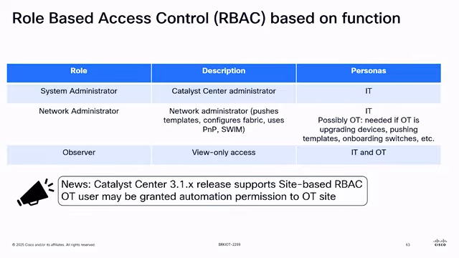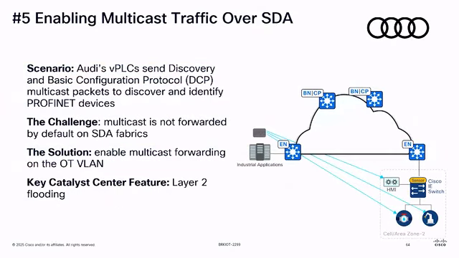But also in the new Catalyst Center 3.1, we now have role-based access control per site. Yeah, we have been waiting for this for a long time, but it's coming now, in 3.1. So with this, we can give, for example, permissions for network administration, for SWIM upgrades to OT users for a specific zone in the factory.